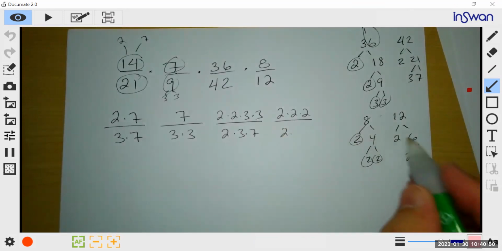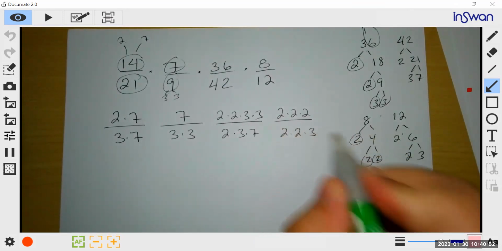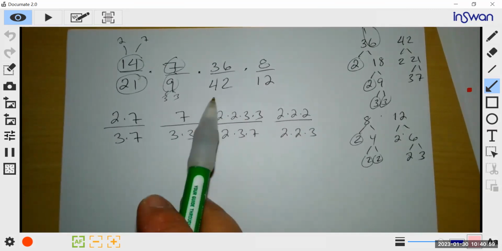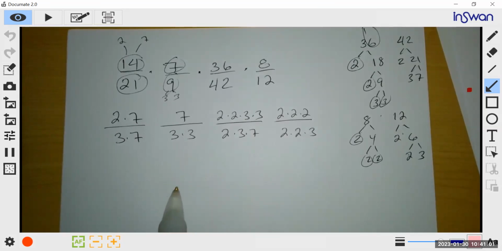So 2 times 2 times 3. That's the hardest part. Breaking down the numbers into prime factors is the hardest part.